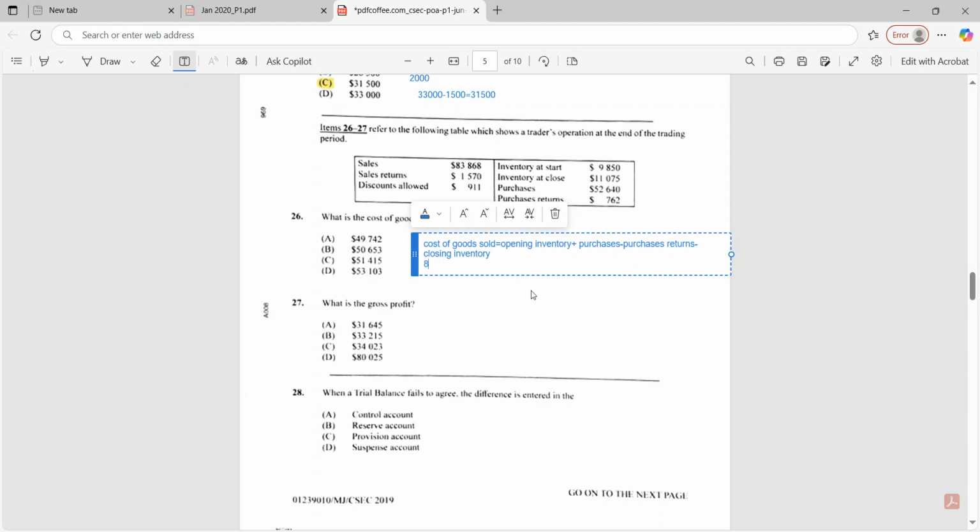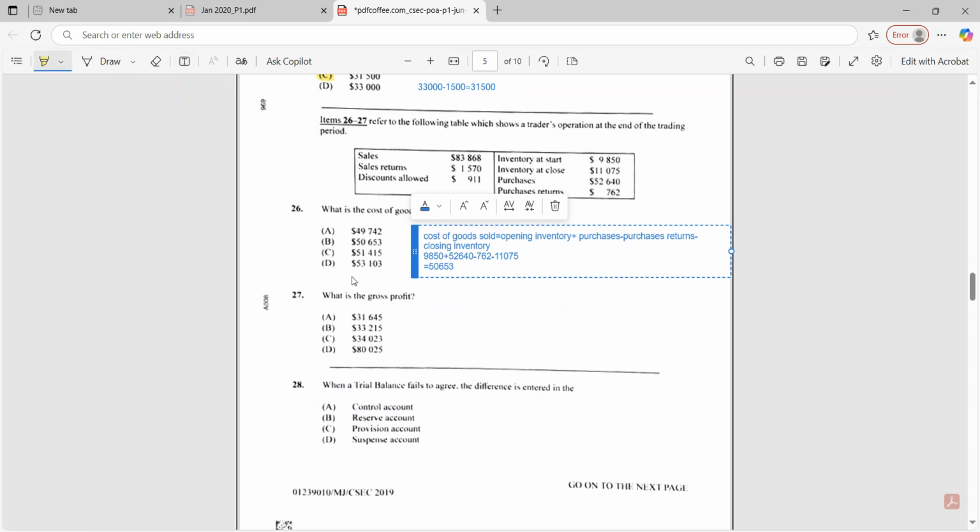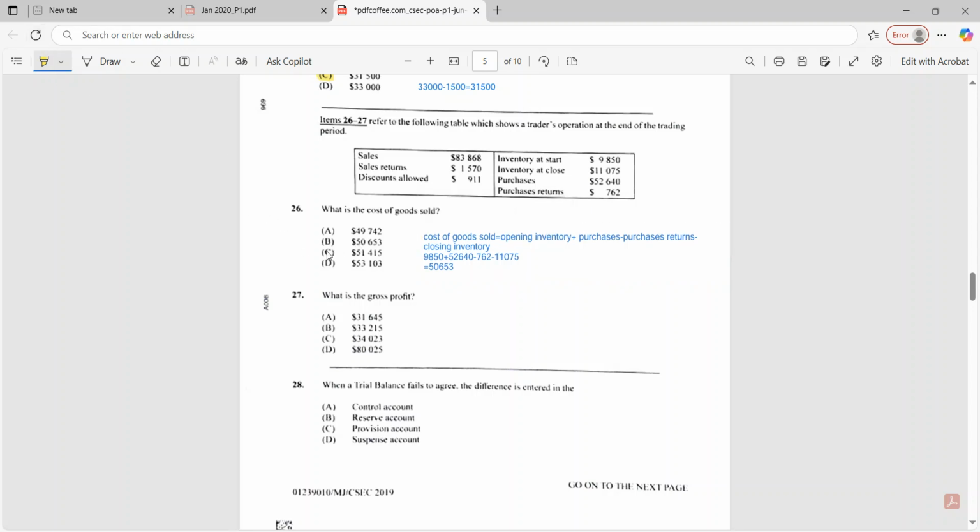So we're going to have 9,850 plus 52,640 minus 762 and minus $11,075. How much will you get? So now we're going to get 50,653. All right. So you can pause the video when we're doing the workouts and see if you get the correct answer. So we get 50,653.